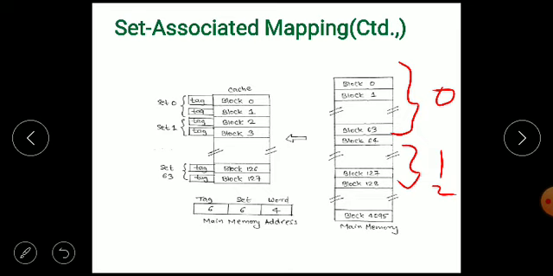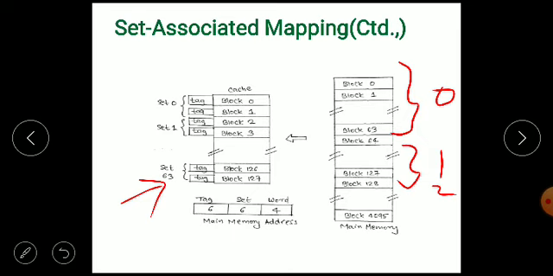If you want to move the last block from any page into the cache memory, we can map it into any one of the blocks present in set number 63. So this is how set associative mapping works.